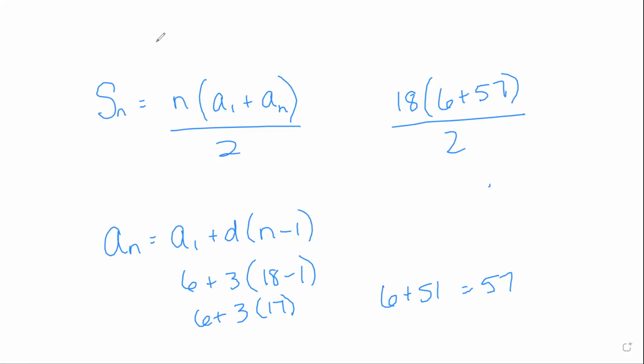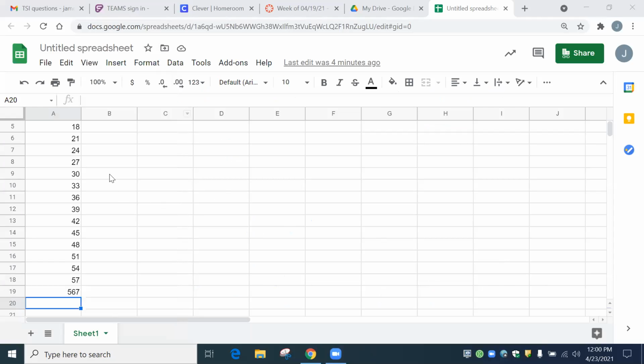So to me, the easiest thing to do would be simply to, let me go back to the screen. All right, so the easiest thing to do would be, you started off with 6 trees. So write the number 6. Then you're going to add 3 more on the next one. Write the number 9. Then write the number 12. If I was writing this down on paper, I would go 6, 9, 12, 15.